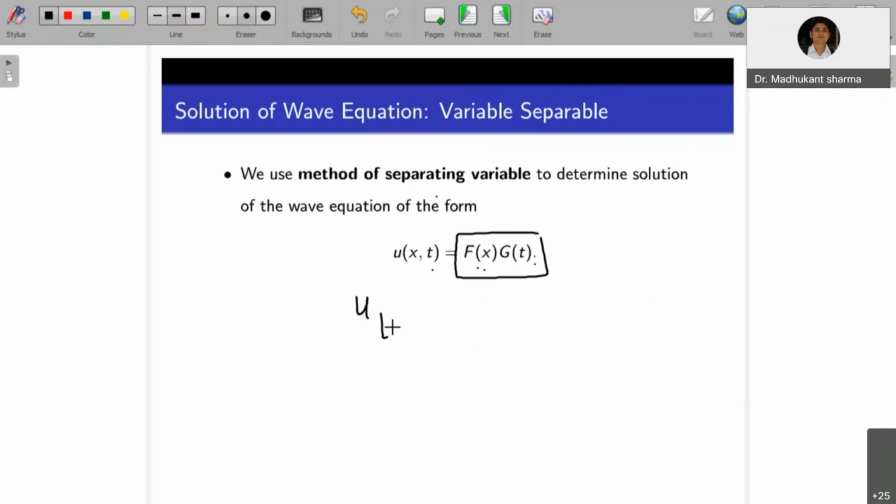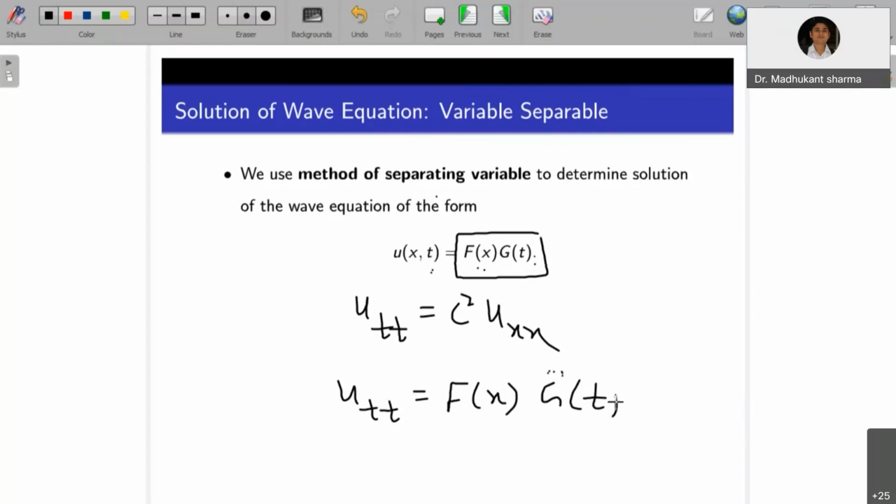The differential equation is utt equals c square uxx. From here you can define utt: if you differentiate with respect to time, f of x is a function of one variable, x only, so there is no t involved, and you are going to differentiate g two times. The double dot denotes d square g by dt square.